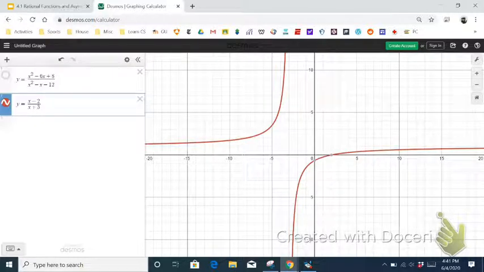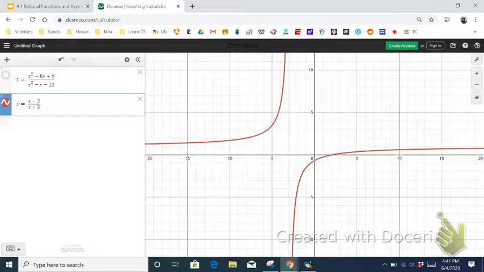So these two graphs are identical because if you simplified the top equation, it would equal the bottom equation. For every value of x I plug into the top equation, I would get the same value of y for the bottom equation, except at the point 4.